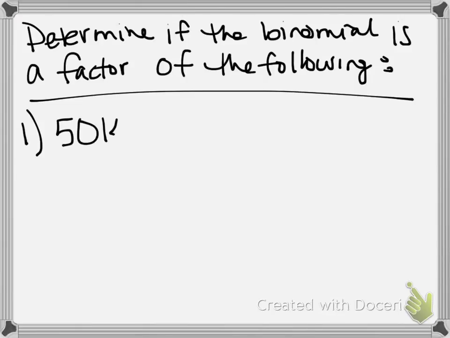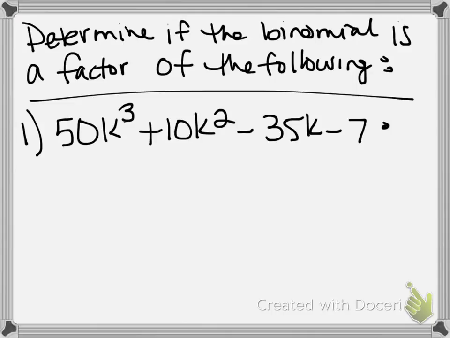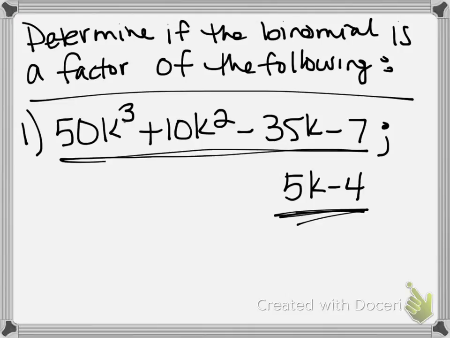You'll be given a problem, 50k cubed plus 10k squared minus 35k minus 7, and then the binomial is 5k minus 4. To determine if this binomial of 5k minus 4 is a factor of this polynomial, what I need to do is divide it and see what the remainder is. Okay? So let's go ahead and divide it.